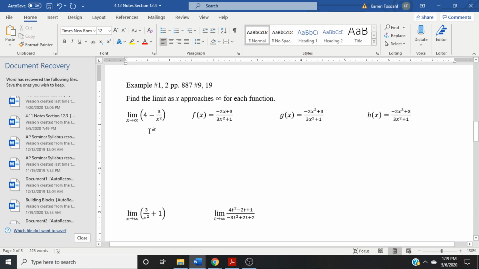Okay, so example number 1 gives us this limit: the limit as x approaches infinity of 4 minus 3 over x squared. I am going to show you how we would solve that problem.